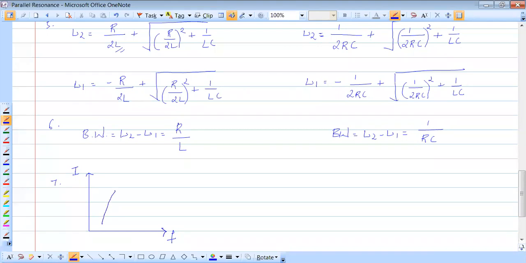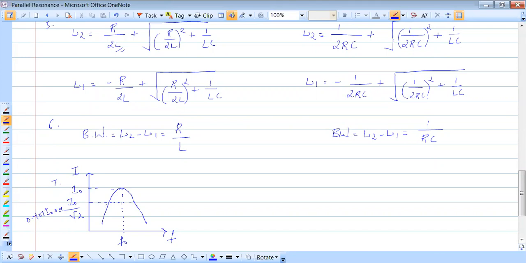At some frequency the I would go to its max, and the frequency at which I becomes maximum is F naught, and the maximum current is referred to as I naught. If you come down by 3 dB, this current would become I naught by root 2, or 0.707 times I naught.